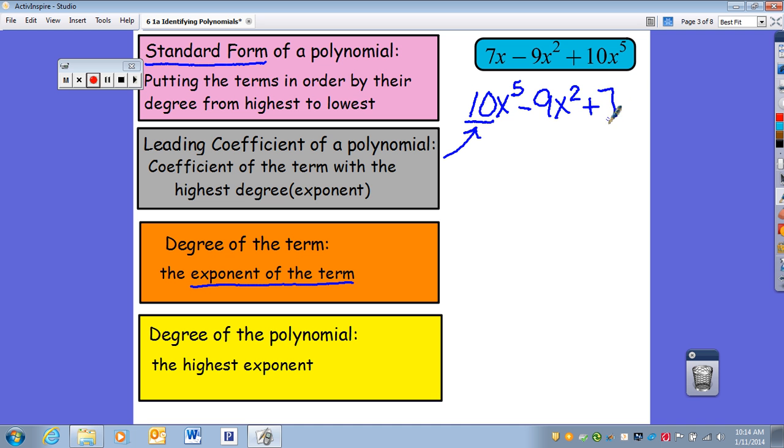In this particular example, when there is just a 7, since there is not an x, it would be x to the 0 power, which is 1, so that would be to the 0 degree. The degree of the polynomial is the highest exponent of the entire polynomial in standard form. In this particular example, our exponent is a 5, so this will be to the 5th degree.